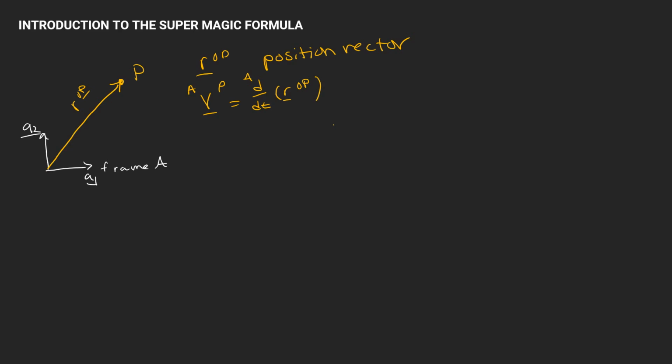Now, of course, sometimes we express ROP not in terms of the unit vectors of frame A, but in the unit vectors of frame B. For instance, you could use the fact that this vector has a length of L and is rotated with respect to A1 by theta, and you could write out L cosine theta A1 plus L sine theta A2.